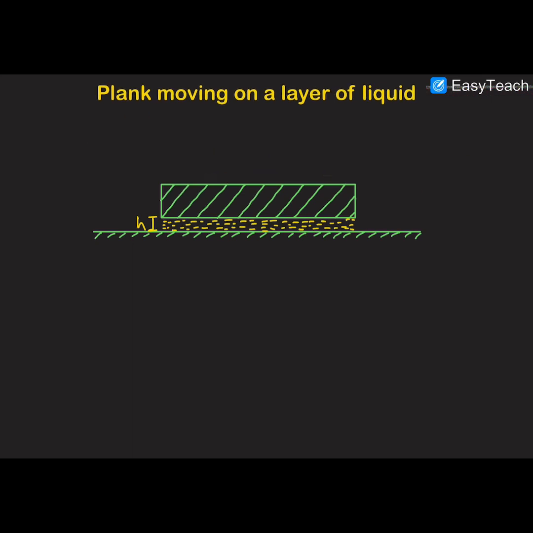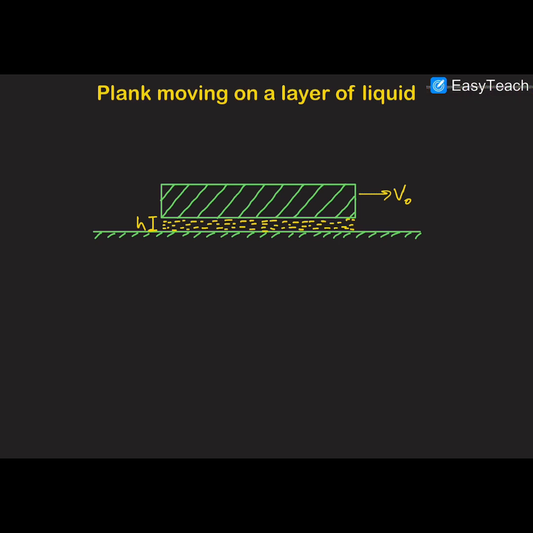Now in the second case, let us assume that we have given some velocity v naught to this plank, and as obviously the viscous force will act on the plank in the reverse direction, so its velocity will keep on decreasing. Okay, but let us find out the velocity of the plank as a function of time first of all.